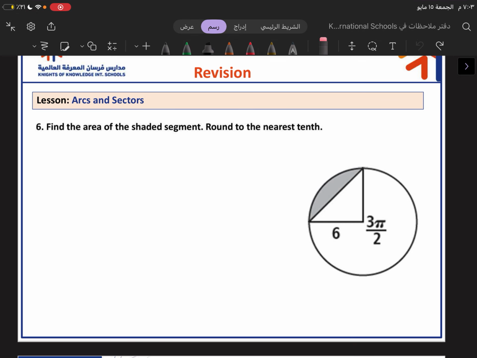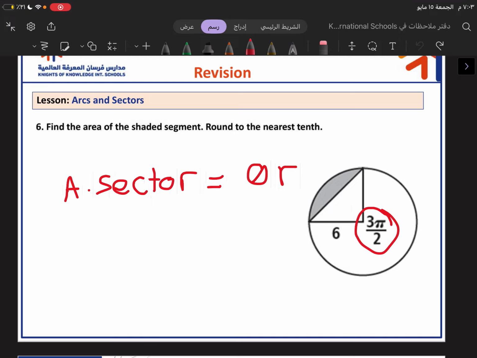Now, how can we find the segment? There is a law, actually, to find it. In the first place, you find the area of the sector. So area of sector, this is the first step. I will find it by half theta r square, because the angle is given in pi.